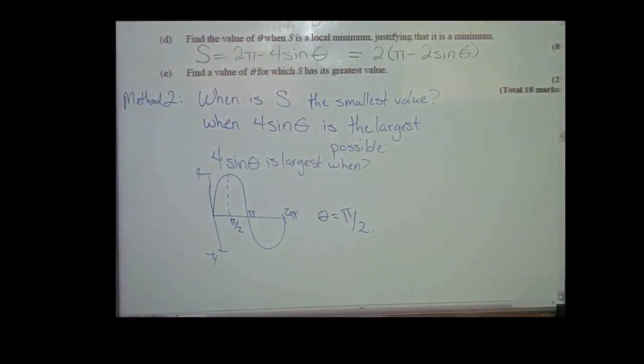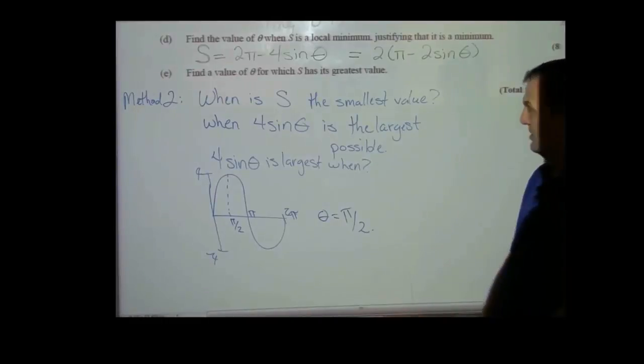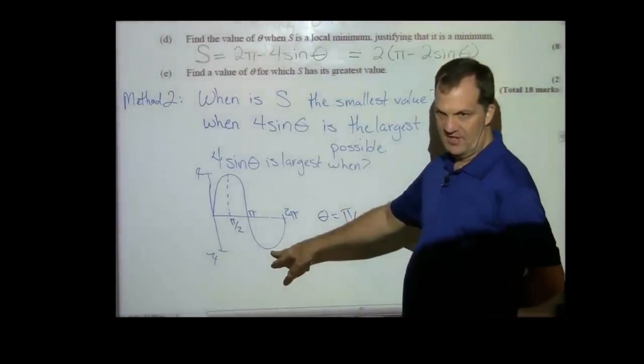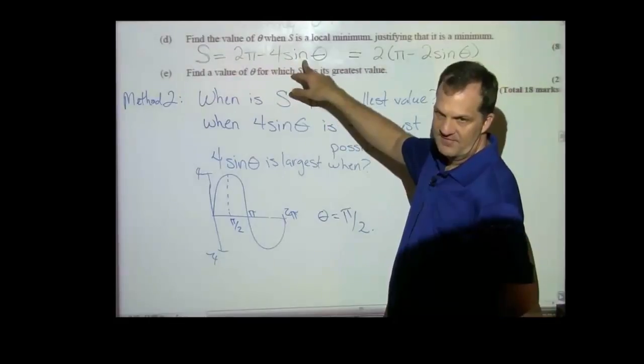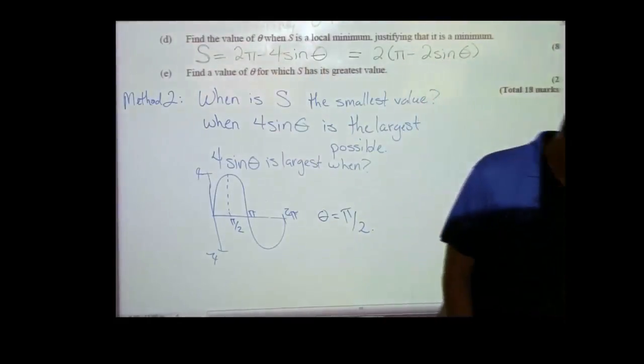So that works. So when does it have its greatest value? If we make it 3 pi over 2, it has a value of negative 4. And so we're actually subtracting negative 4, so adding 4. And done.